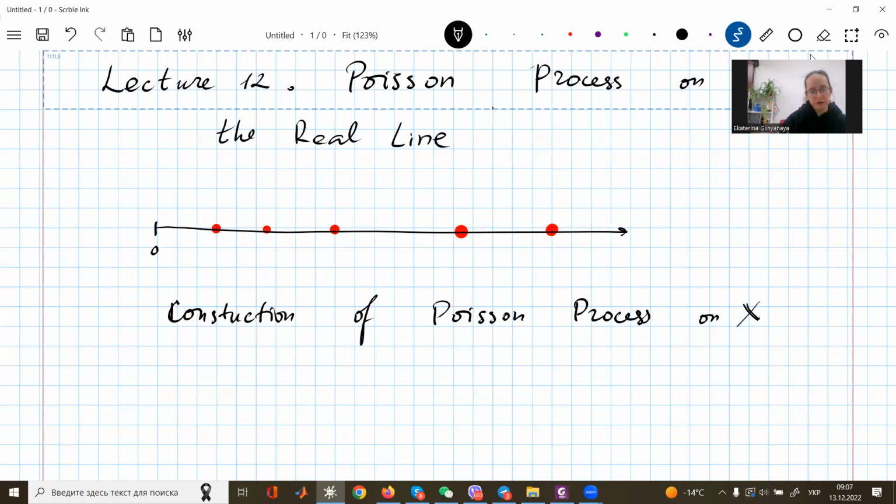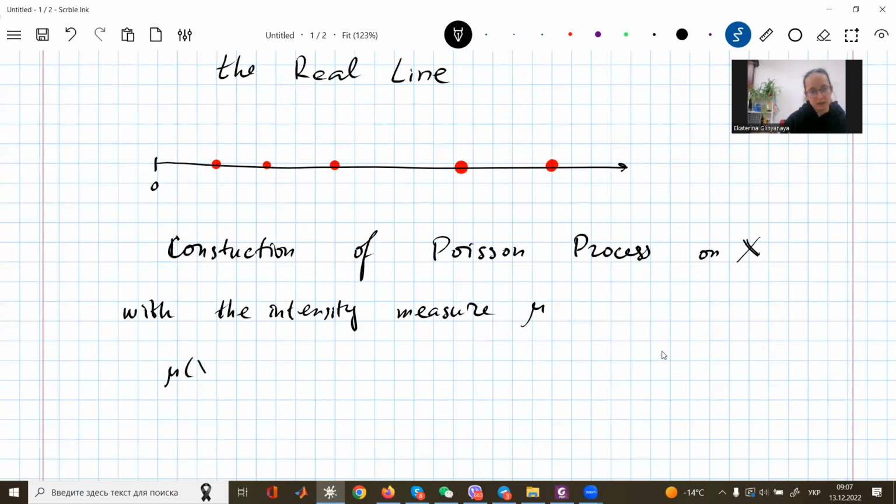So we constructed it with the intensity measure mu. We learned that if we have a mu that is finite on the space X, we constructed a Poisson point process as a sum of delta measures at random points, and we had a random number of these points.